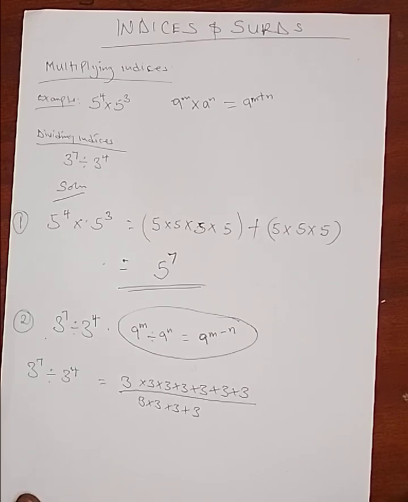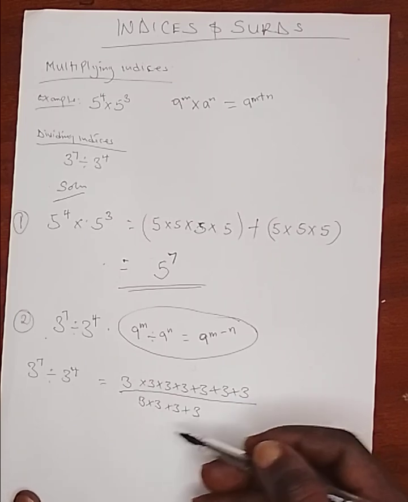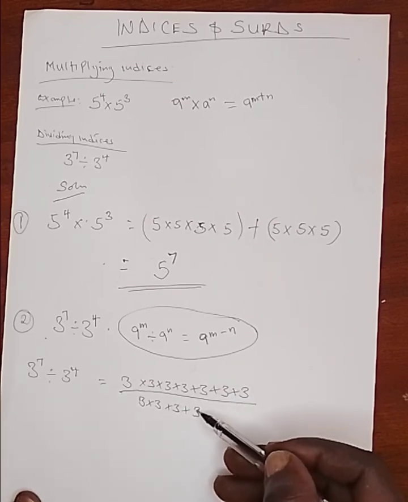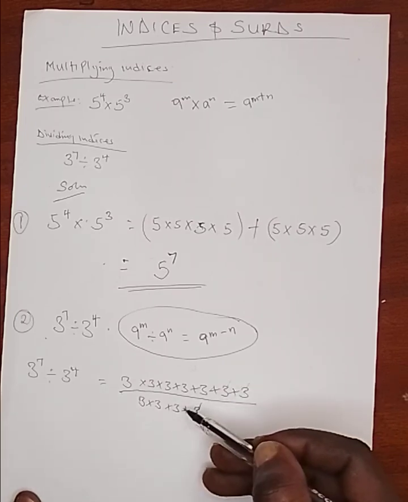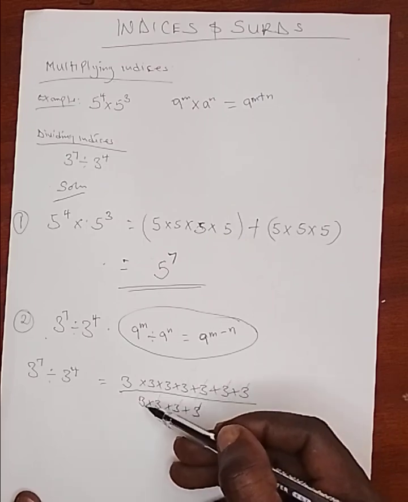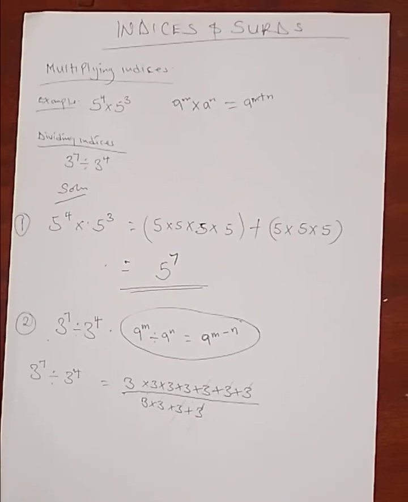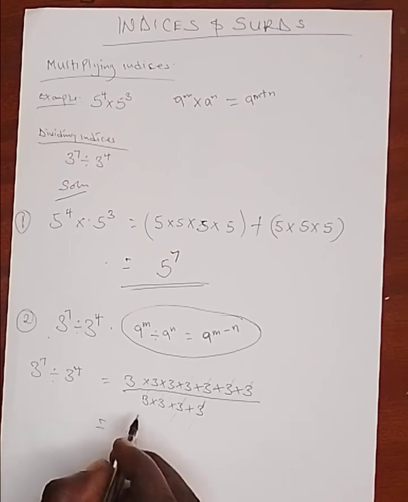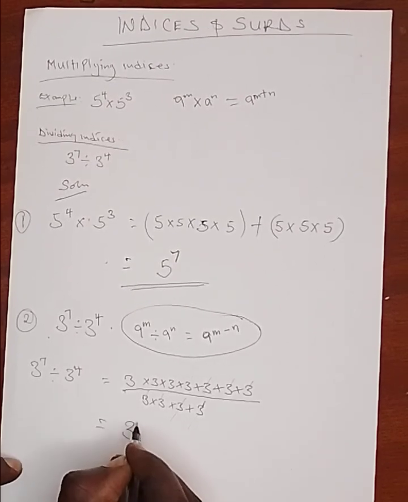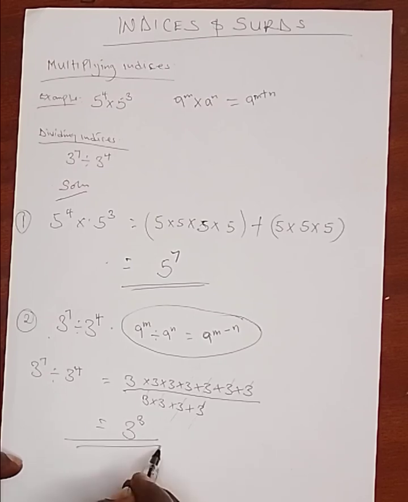So how are we going to subtract the powers? Now we shall go and cancel our figures. This one goes with this one, this one goes with this one, and so on. So what is the remainder here? We have 3 threes. So our final answer will be 3 power 3.